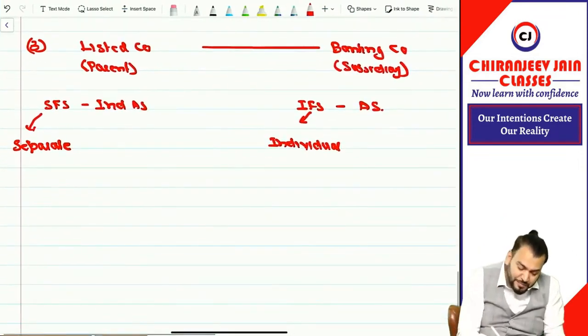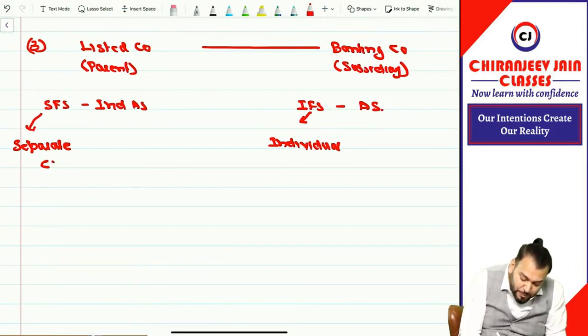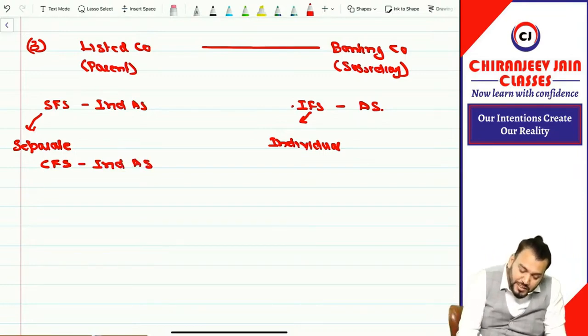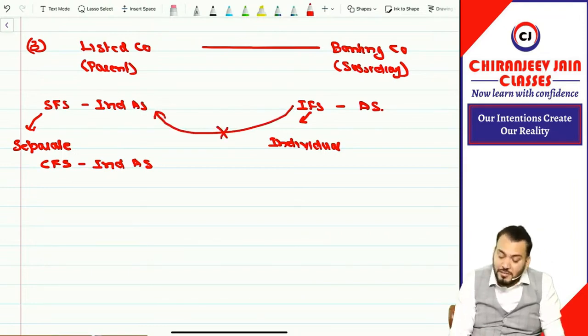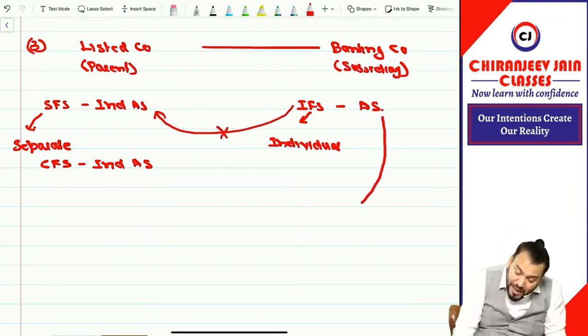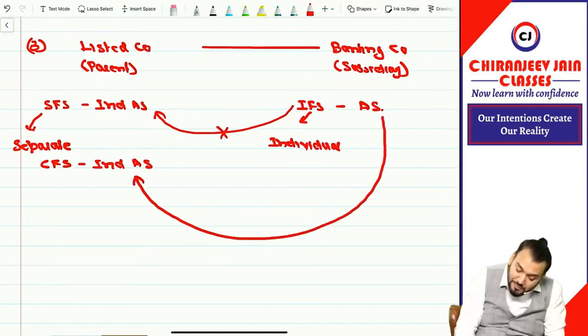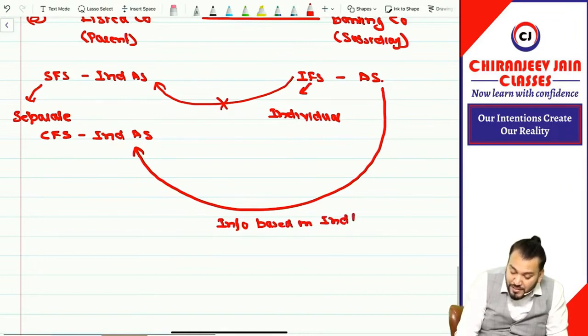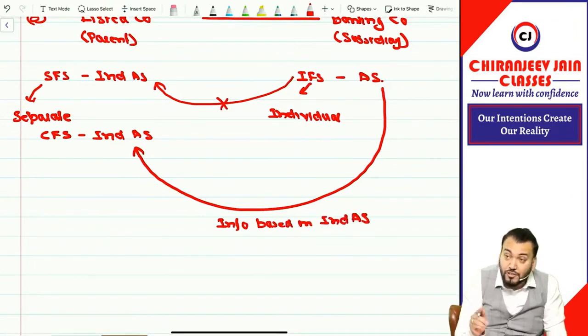Can you see? This parent company will also prepare CFS, and CFS should be based on Ind AS only. Now you tell me, can we consolidate these two? Not possible. Therefore, this banking company will provide information based on Ind AS for consolidation purpose.